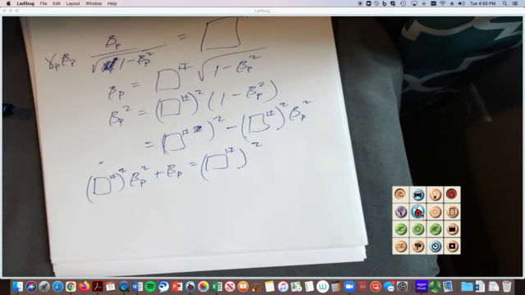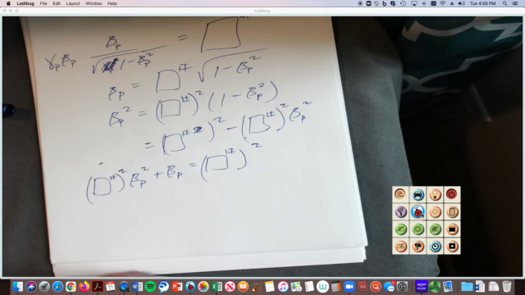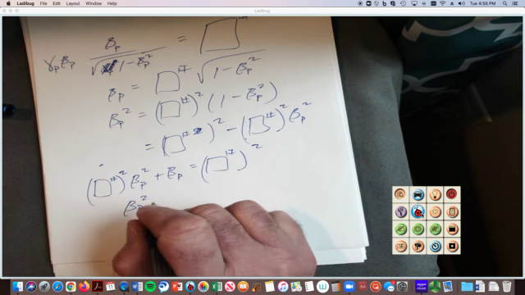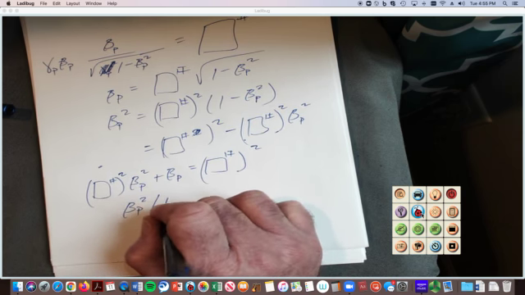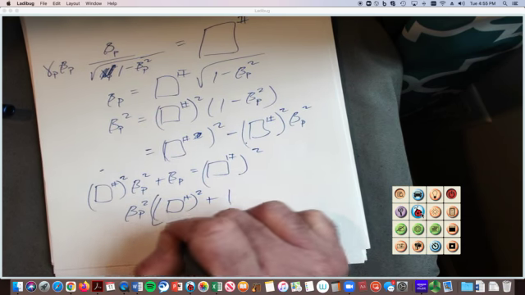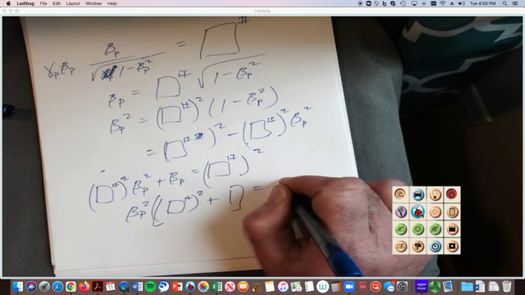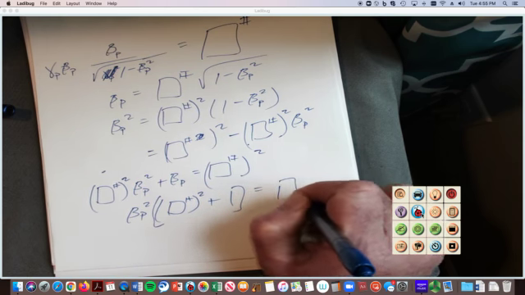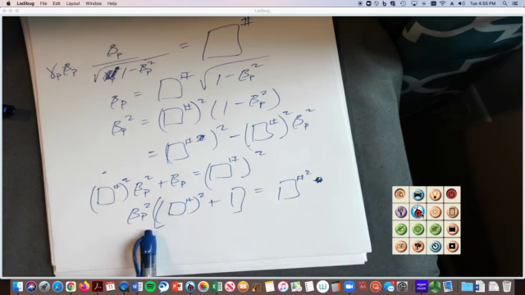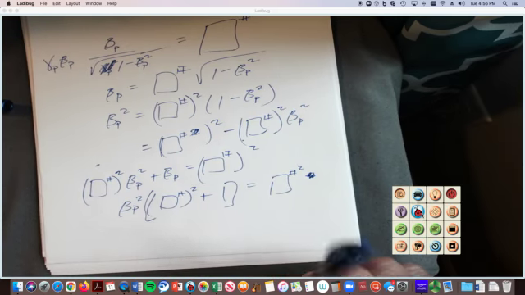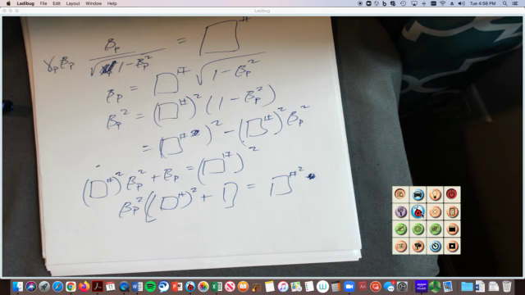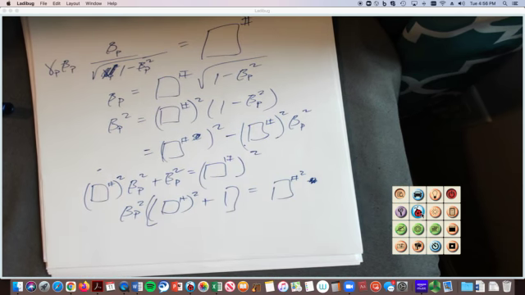Yay! Little algebra, that's all we're doing. Let's factor out the beta P squared, which equals that number squared, in parentheses like that, plus 1. We multiply it by beta P squared. We good so far? Make sure to put a square on that.